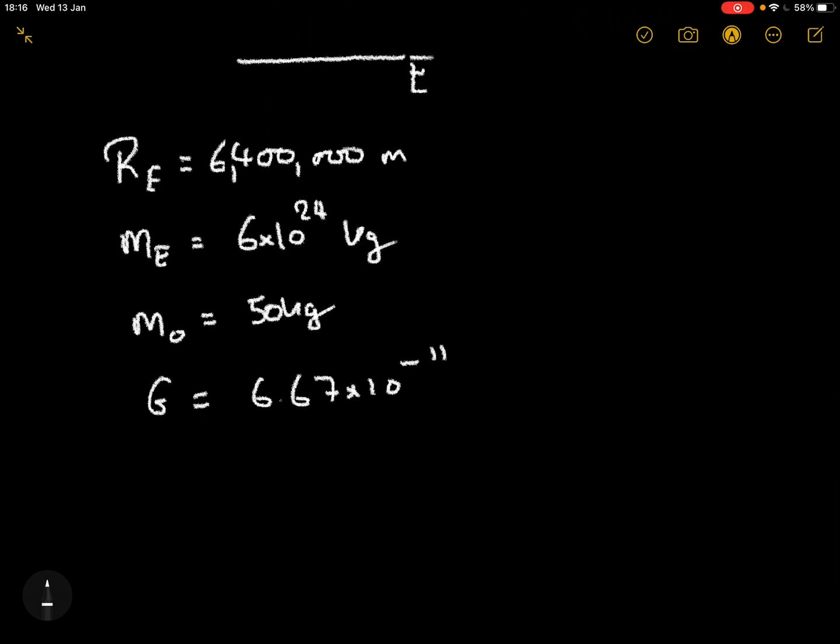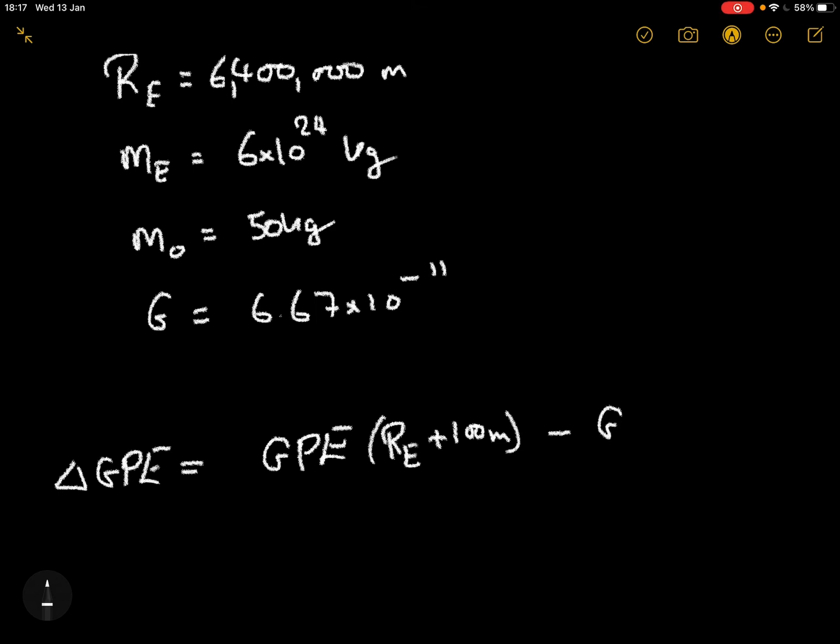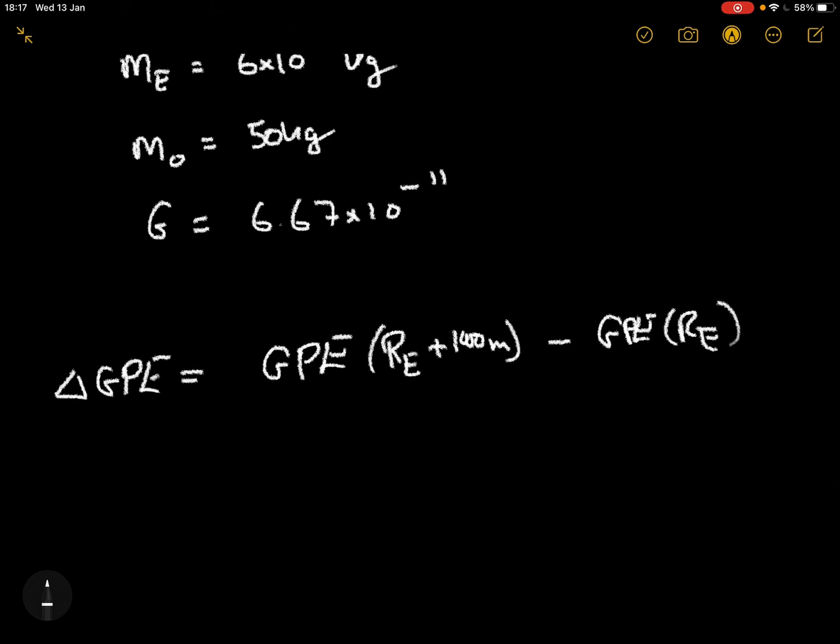Now, if we think about solving it in this manner, what we could say is that your change in gravitational potential energy is equal to your GPE when you're at the radius of the Earth plus 1,000 meters, minus the GPE when you're just at the radius of the Earth. So, let's put that in.